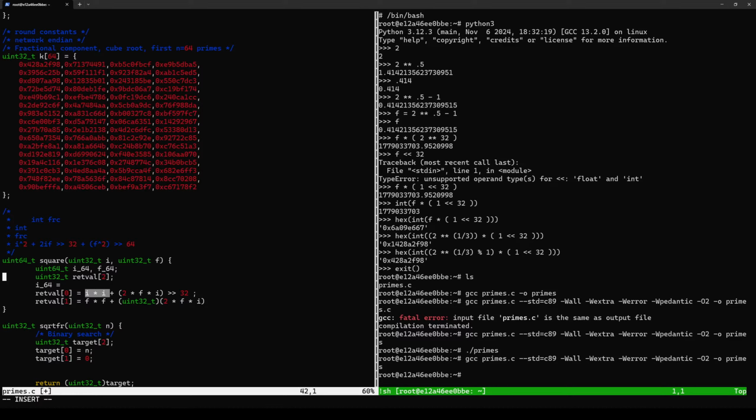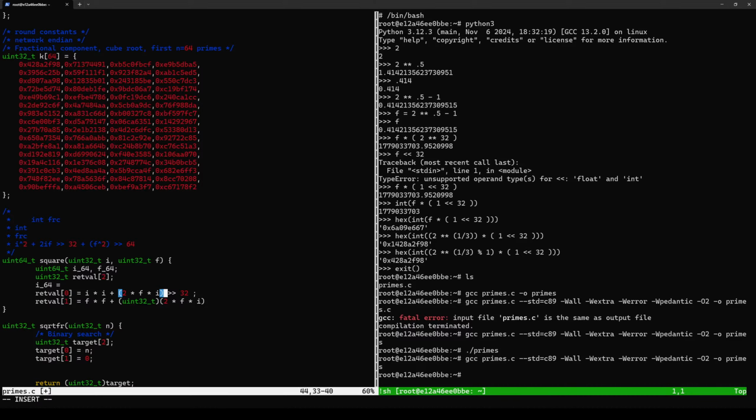No, because it's stored in 32, so they'll be fine. I only really need those to be added to these values, the 2 times f times I.